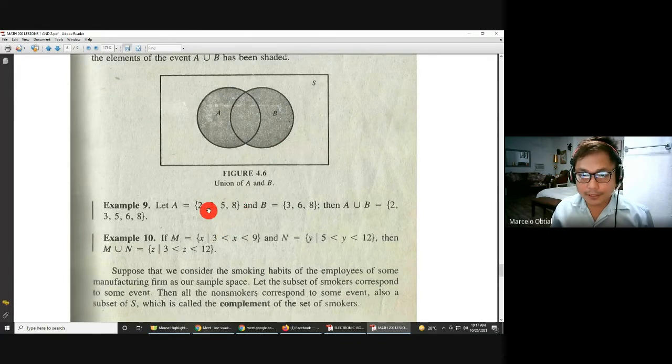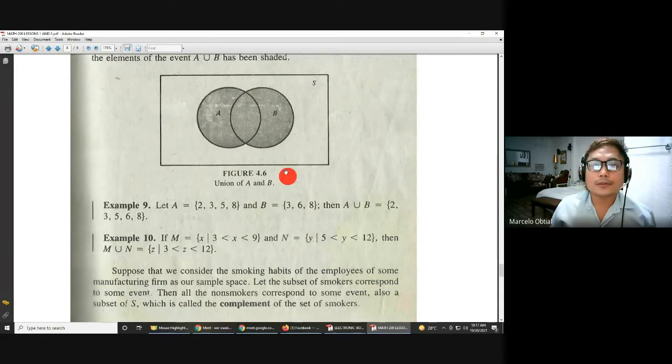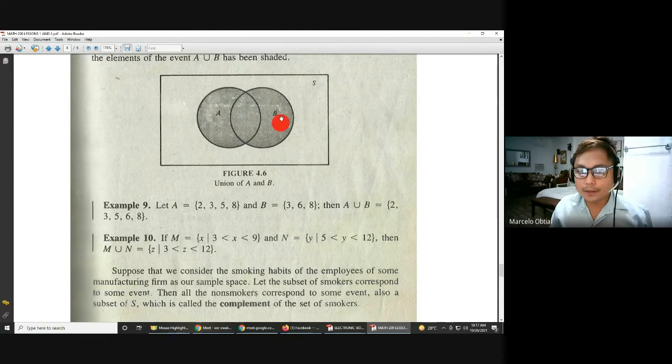Okay, common yung 3 at saka 8. So you may put 3 and 8 dito sa gitna kasi nag-overlap siya. Tapos you may put the remaining elements sa A. Okay, you have 2 at saka 5 pa dito, no? And B, event B, okay, you may put 6 na lang na iwan. Kung given yung S, ilagay nyo dito sa labas ng circle. Okay, yung wala dito sa loob.